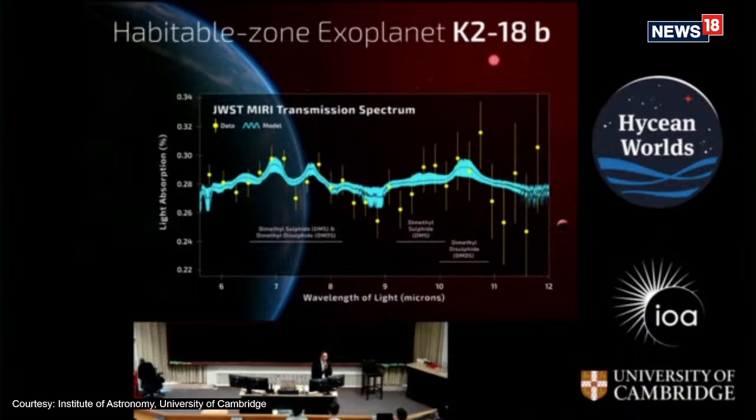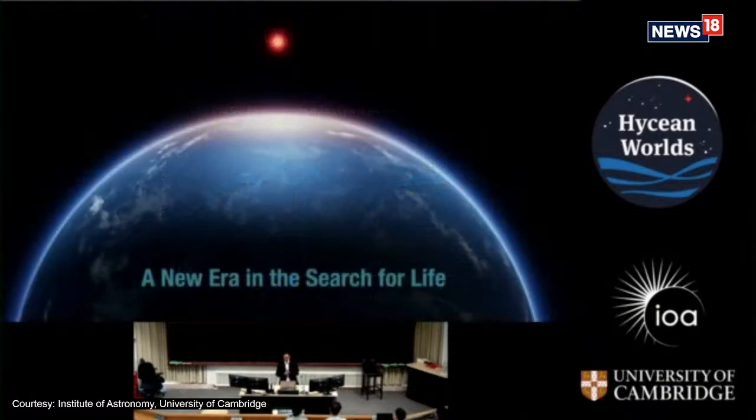Just to remind you, this is the first spectrum we as a species, humanity, have ever seen of a habitable zone planet in the mid-infrared, in that wavelength range. And for that to happen, we had to go through billions of years of evolution. And that's crazy. And now we are saying, can we detect life on another planet at some phase of its evolution using these observations? So all of these are just crazy to me. So we are truly entering a new era in the search for life.